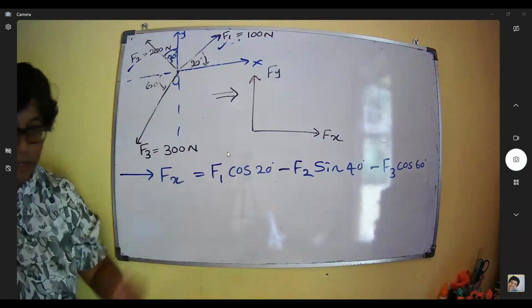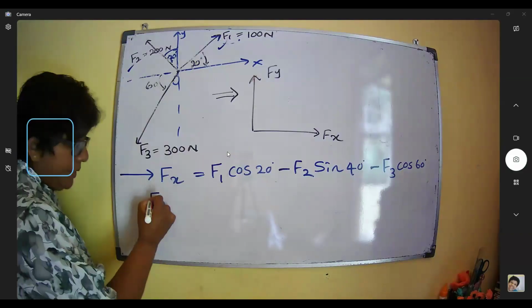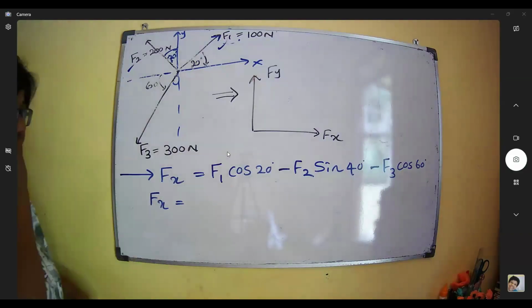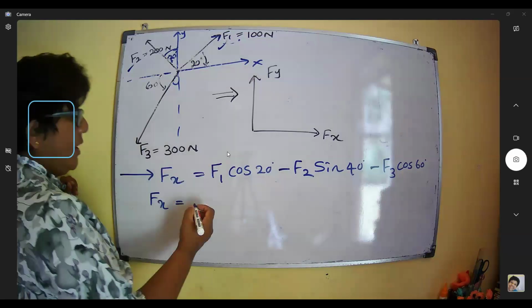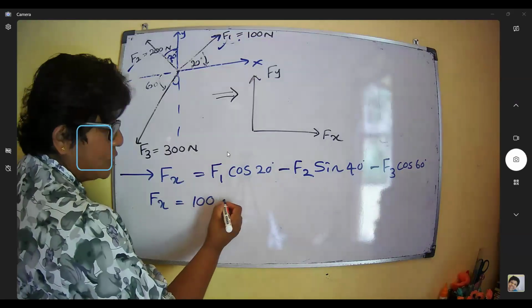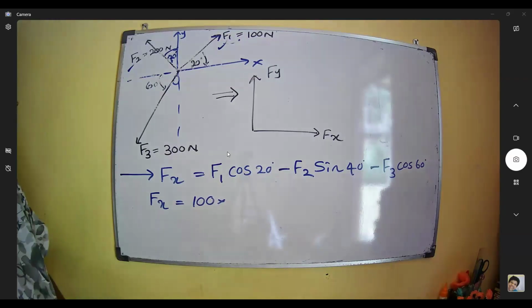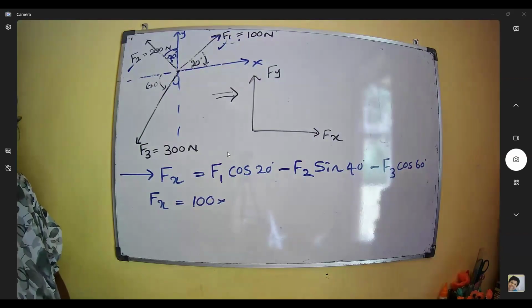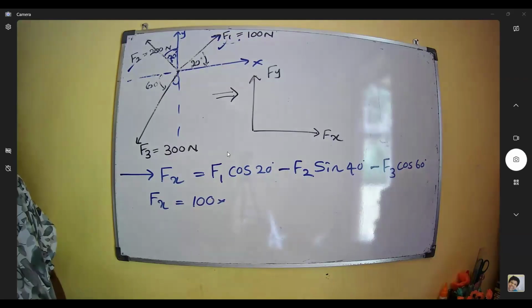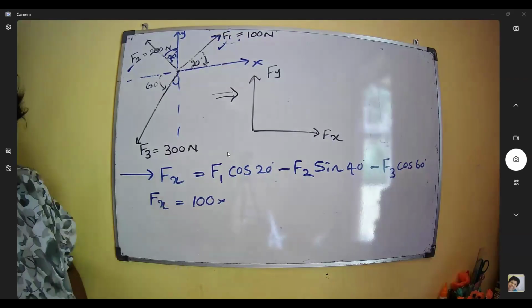Now you can solve the Fx components along the x-axis. What is F1? F1 is 100 cos 20. You can find it on the calculator. What is cos 20? If it is not clear, please ask me. Find cos 20.